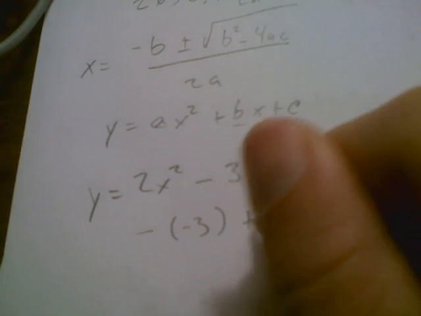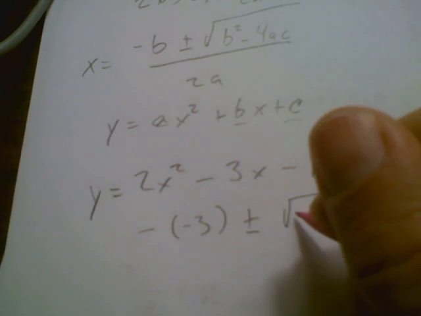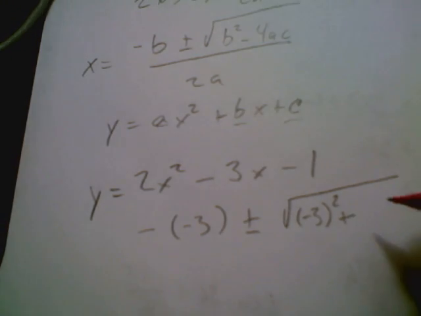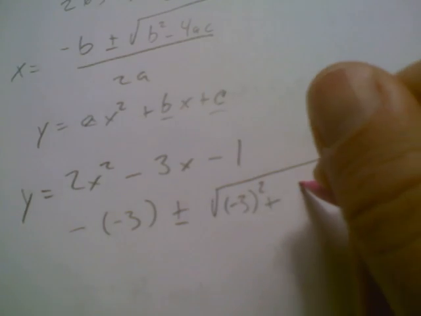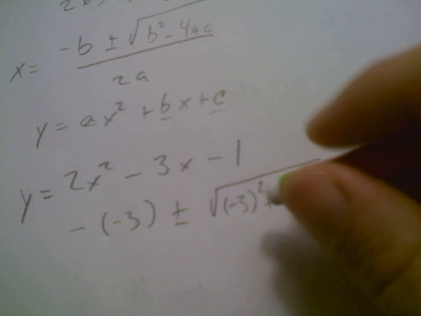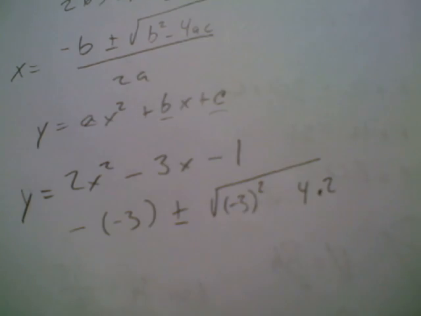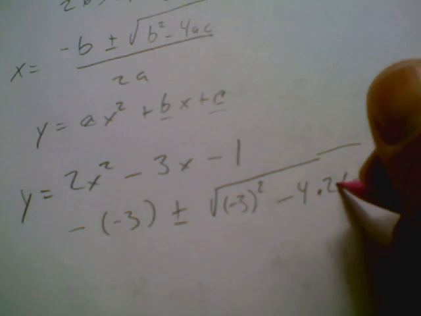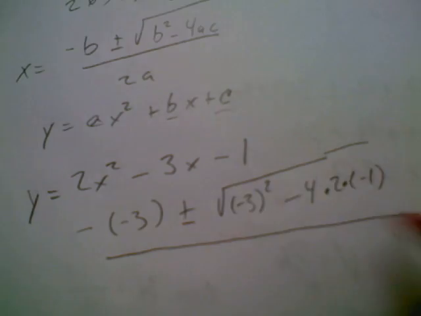Negative 3 plus or minus the square root of negative 3 squared minus 4 times 2 times negative 1, everything over 2 times 2.